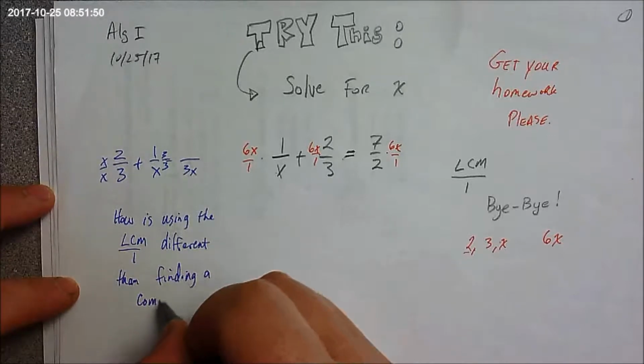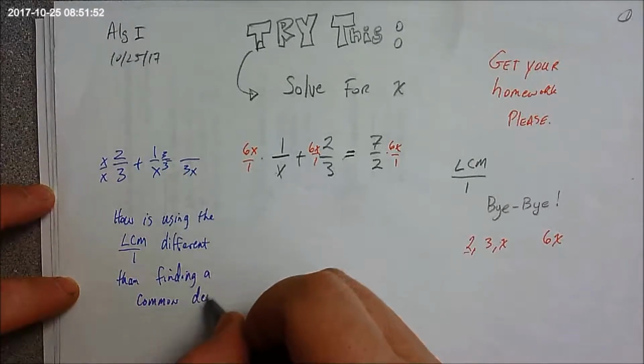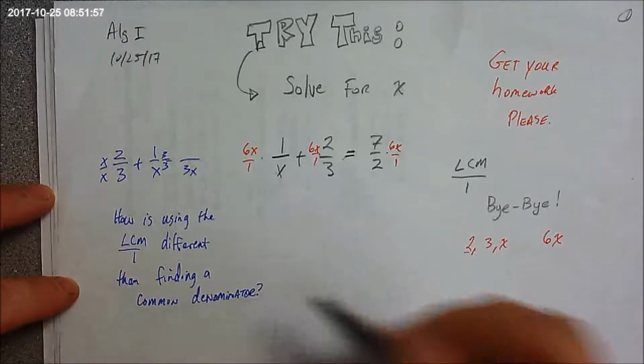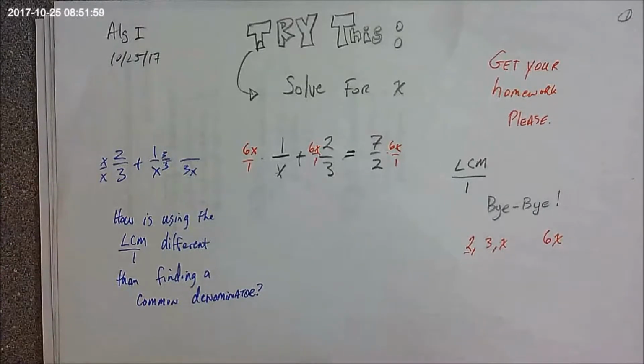The reason I think you need to know the answer to this question is because you've got to know what it is you're doing, not just how to do it. So if you don't know the answer, then I didn't do a good job teaching you yesterday, because I just taught you how. I didn't do a good job teaching you what you were doing.